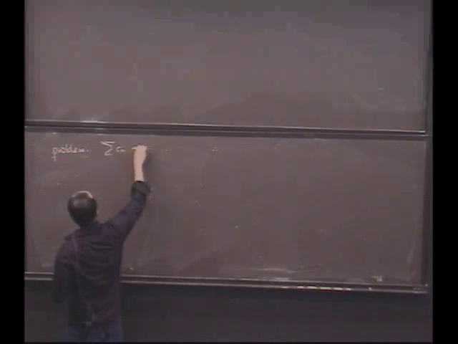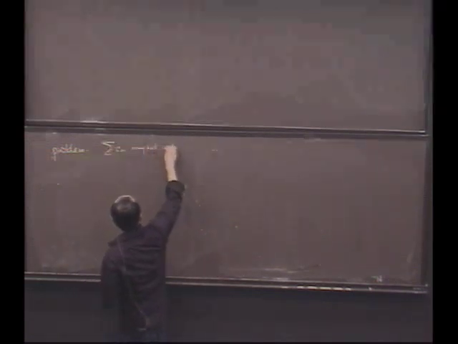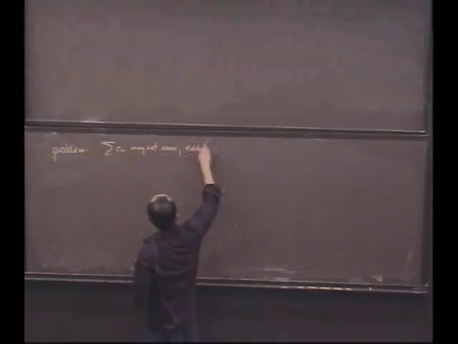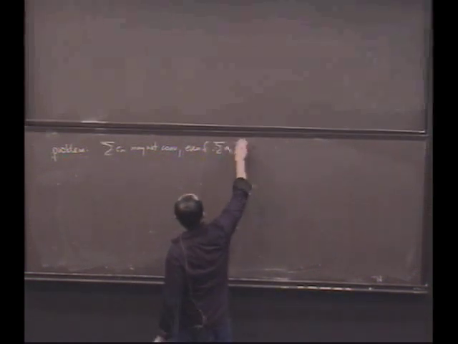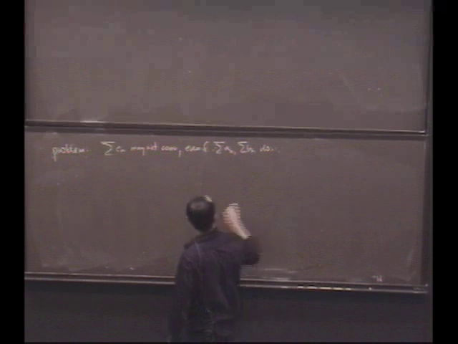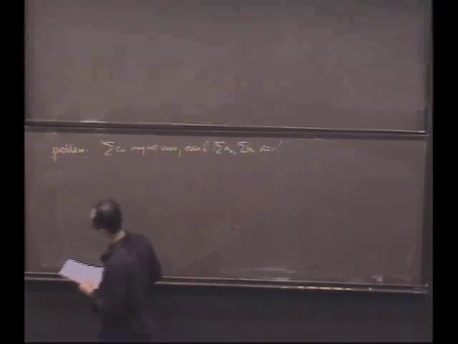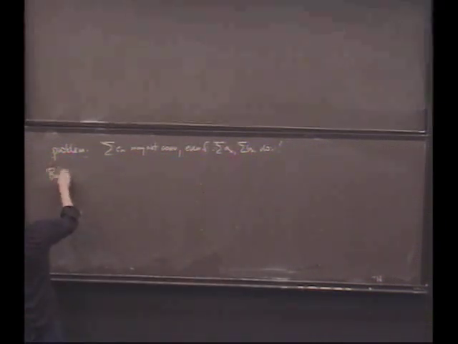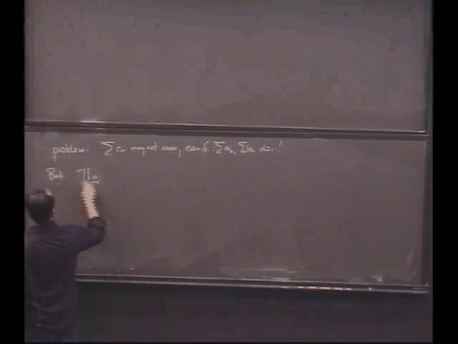So I'll just write this down. One problem is the sum of c_n may not converge, even if the sum of a_n and sum of b_n do. But here's a theorem.